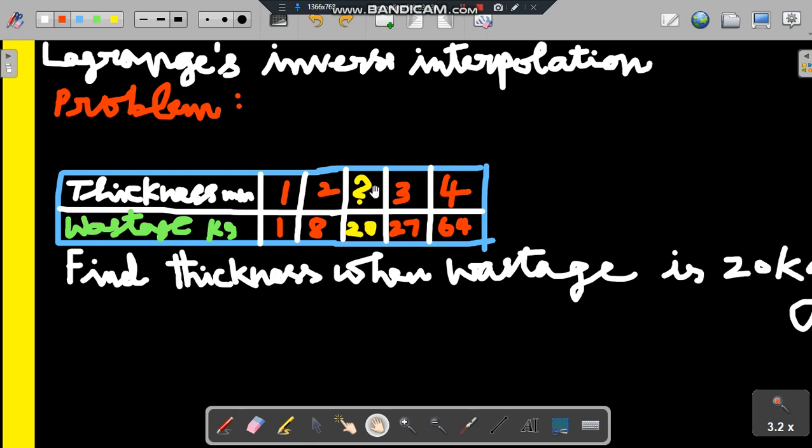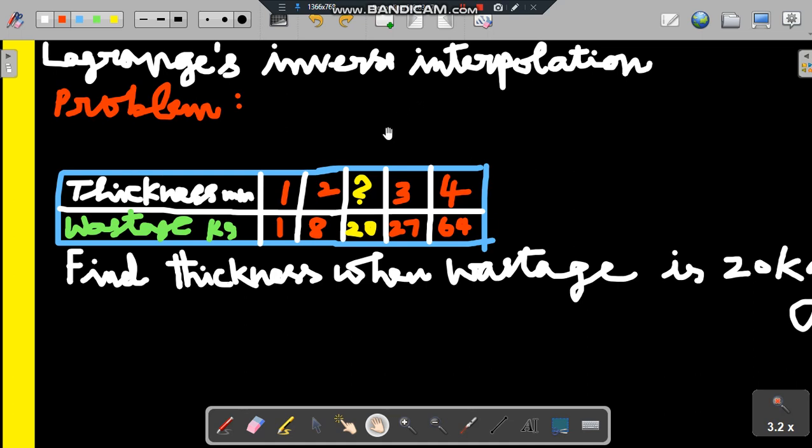That's what we are interested in. This is a chemical engineering situation. This problem can be solved by the mathematics called Lagrange's inverse interpolation method. That's what we are going to use.